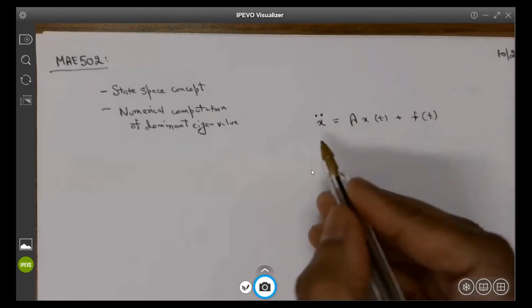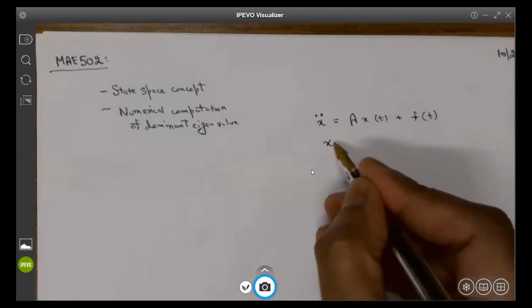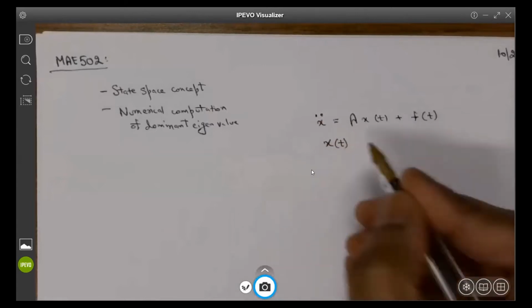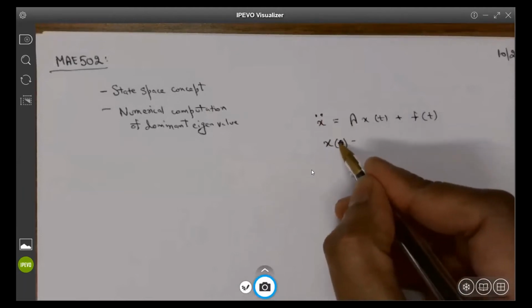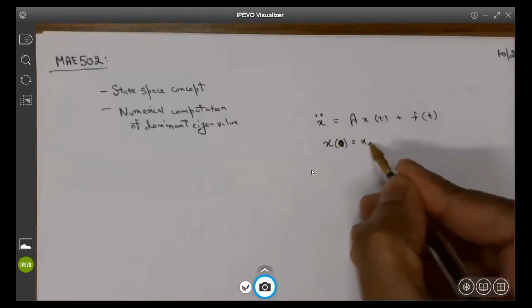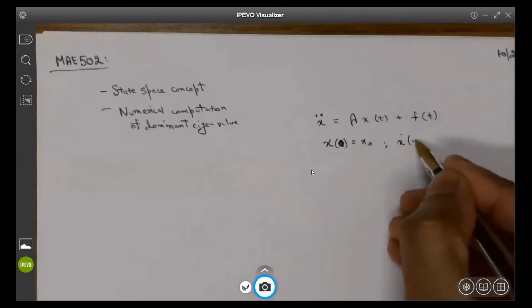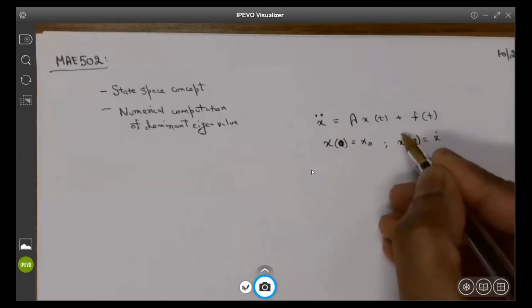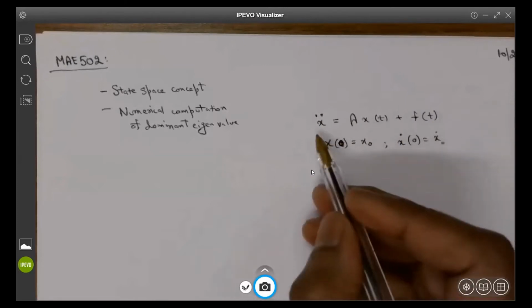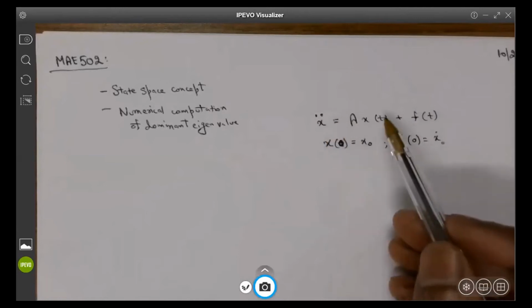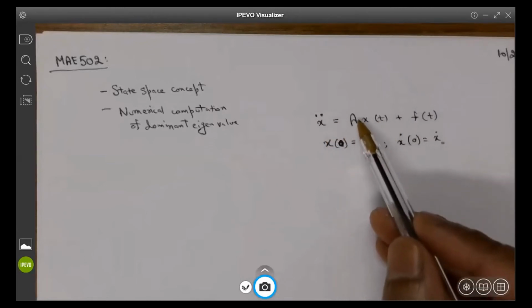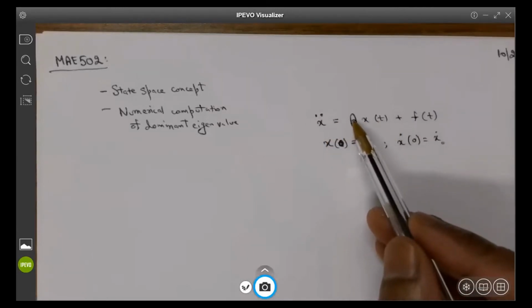State space concept says that you are given a specific x of 0 and x dot at 0. So we are given the initial conditions to solve this differential equation.